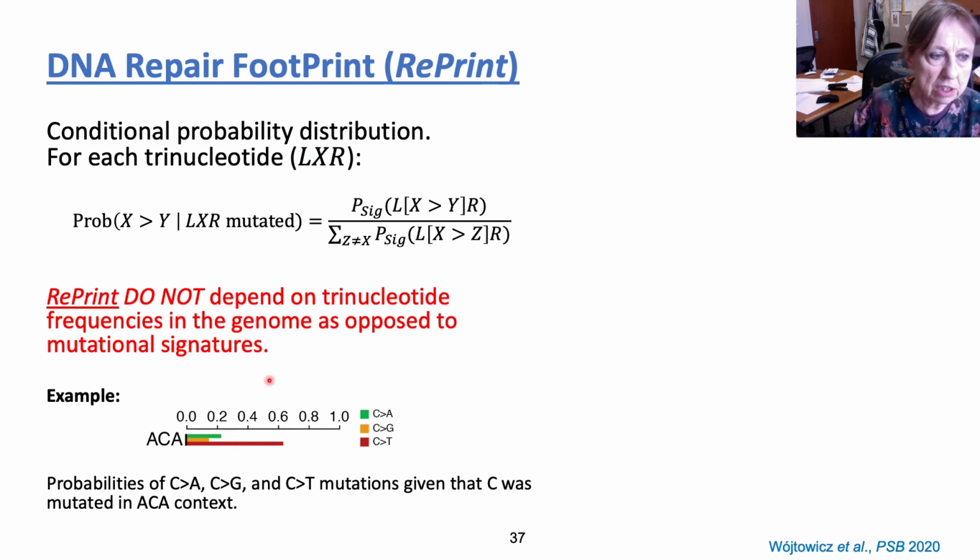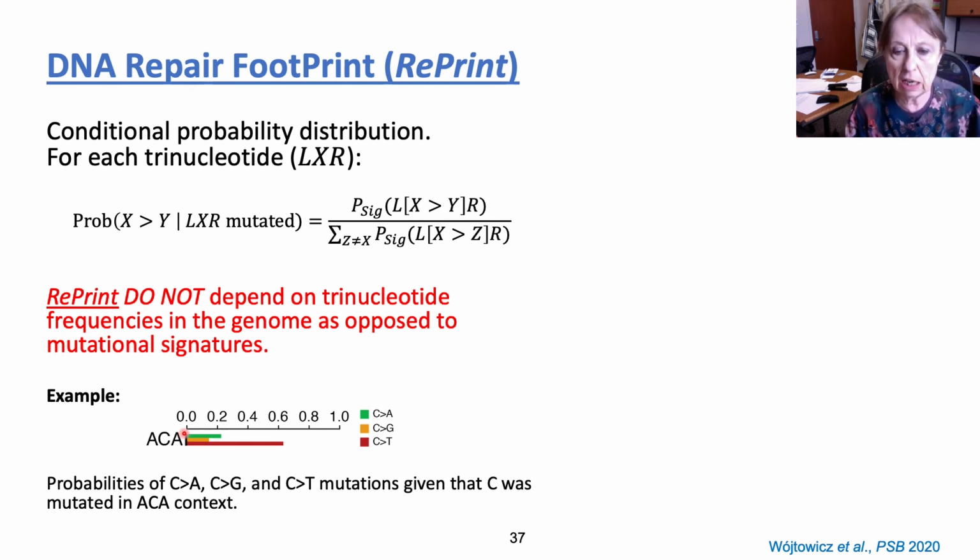Notice that the reprint does not depend on 3-nucleotide frequencies in the genome, as opposed to the mutational signature. So here's an example: if we have a triple ACA, what we are computing here is the probability that C is mutated to A, G, and T under the assumption that mutation in this triple happened.